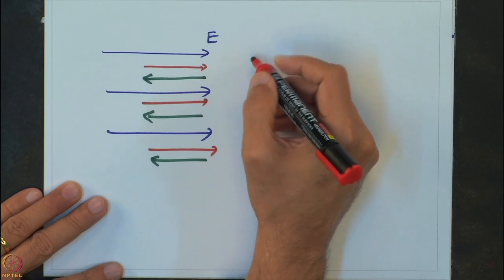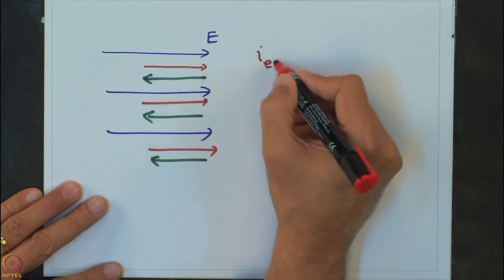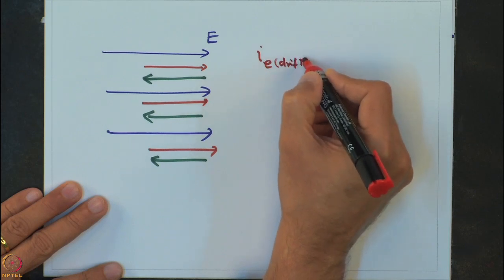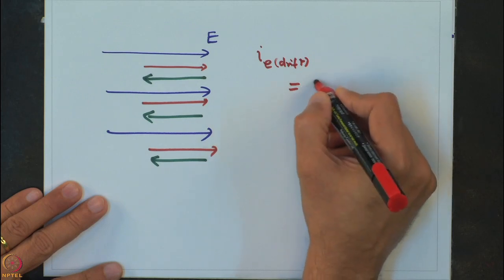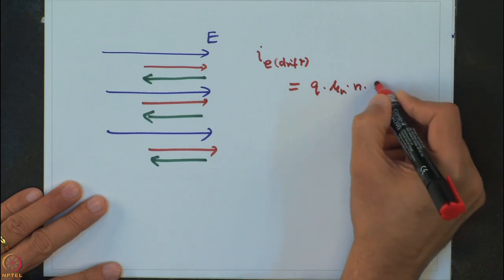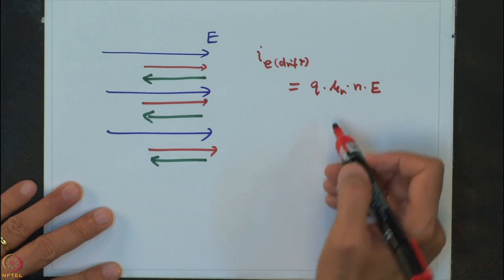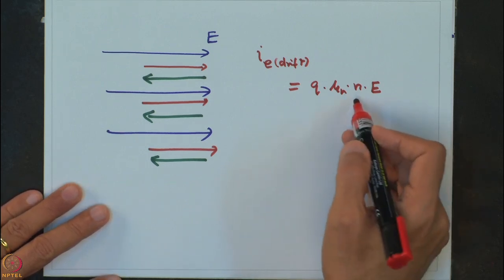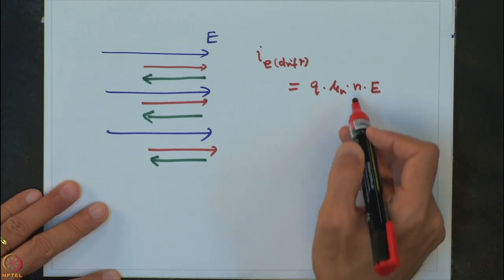We can say that it will be I electron drift, which is nothing but q times mu n into n into E, where q is the charge of the electron, mu n is the mobility of the electron, n is the concentration, the number of electrons per unit volume, and E is the applied field.